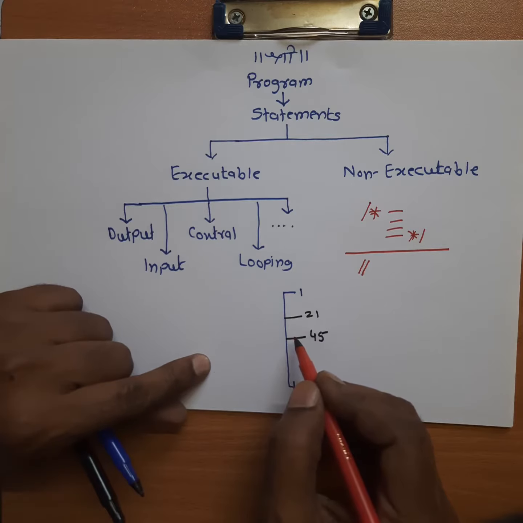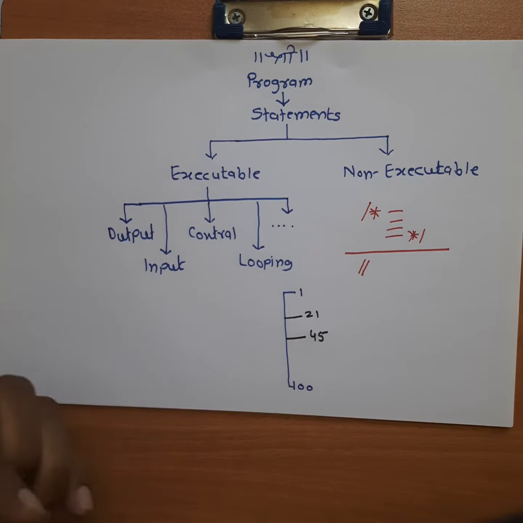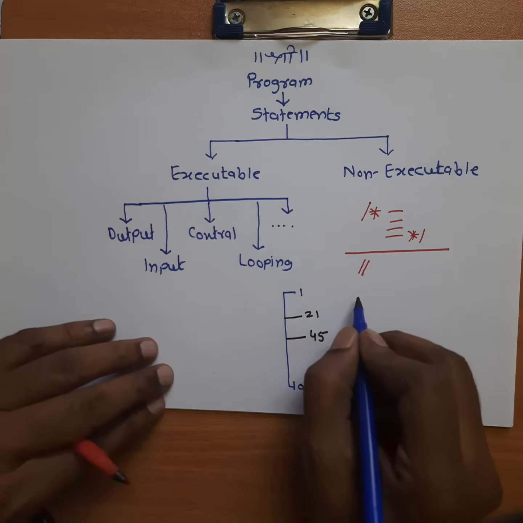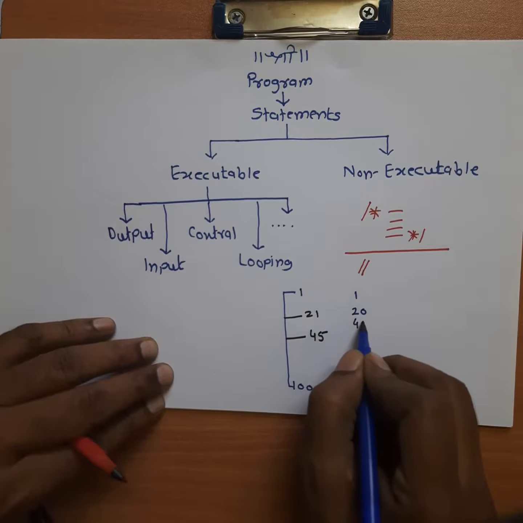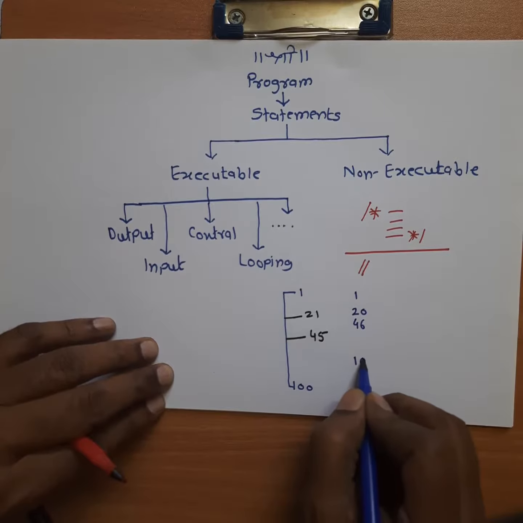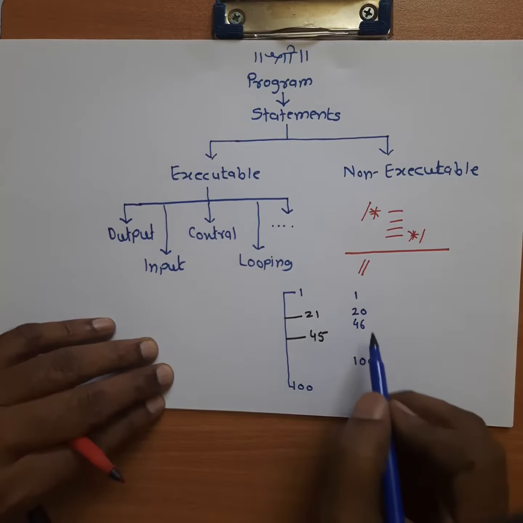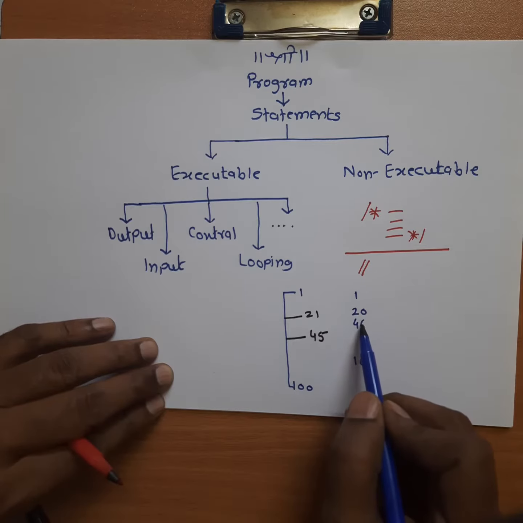So if we delete this part, our new program will become 1 to 20 and 46 to 100. We are totally deleting the part which we have written from 21 to 45.